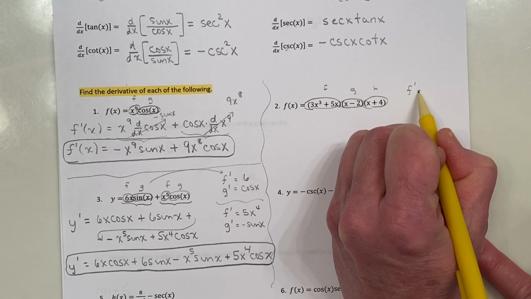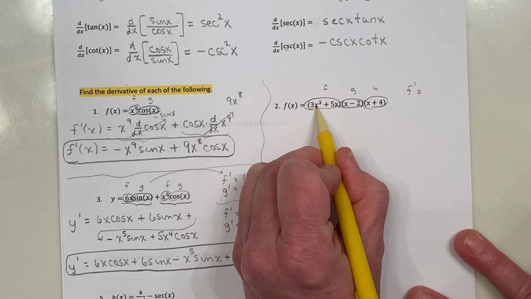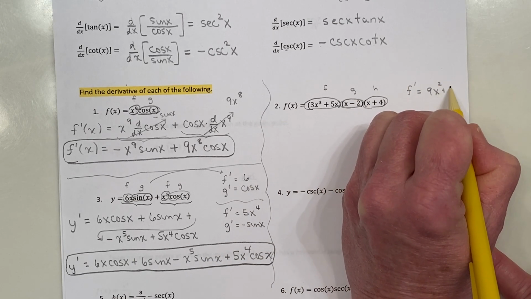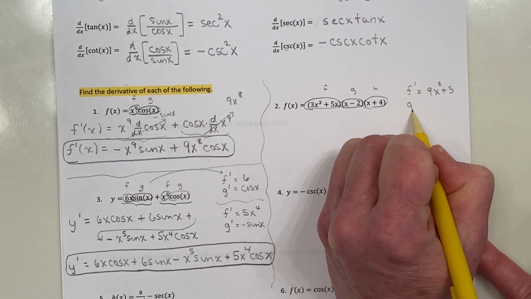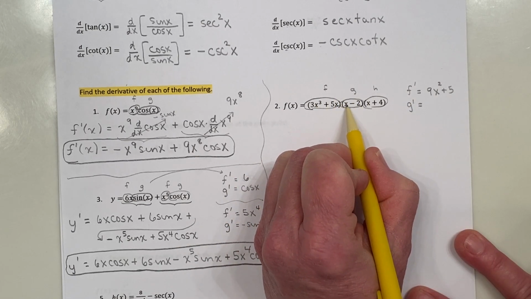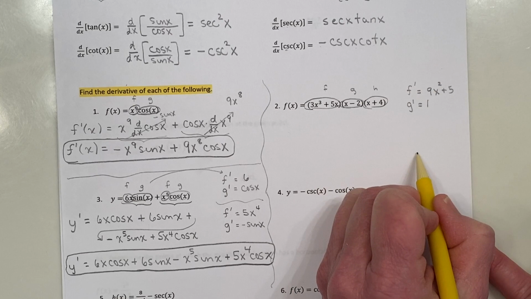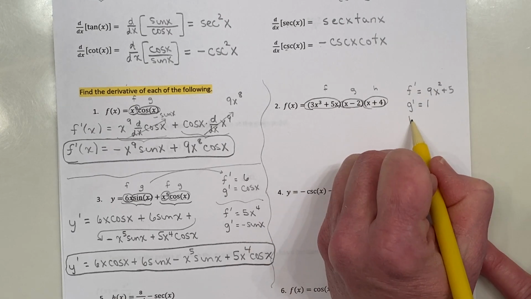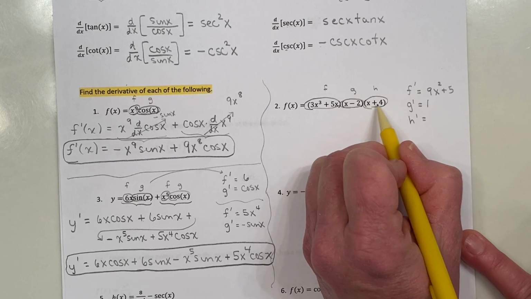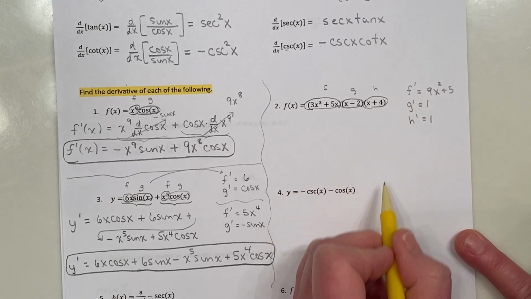So f prime would be 9x squared plus 5. G prime, we're looking at the g factor, derivative of x is 1, that'll go to 0, so g prime is just 1. H prime, derivative of this factor, well, derivative of x is 1, that goes to 0, that's also 1.